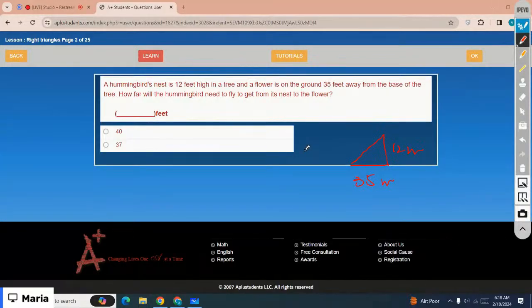You need to find this distance, so you have to apply the Pythagorean theorem. The square of the hypotenuse is equal to the sum of squares of the other two sides. So x squared equals 12 squared plus 35 squared.